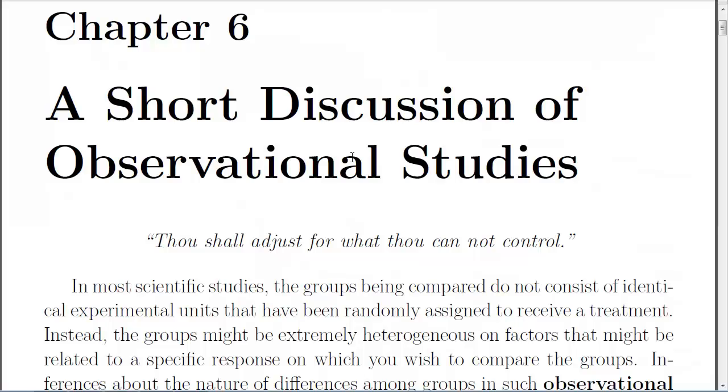Here, with observational studies, you no longer have the control of imposing a treatment on observational units to observe a response. Instead, you simply observe what you can about objects in nature, and then you learn what you can from that. And adjusting for what you can't control is the major theme of this chapter.